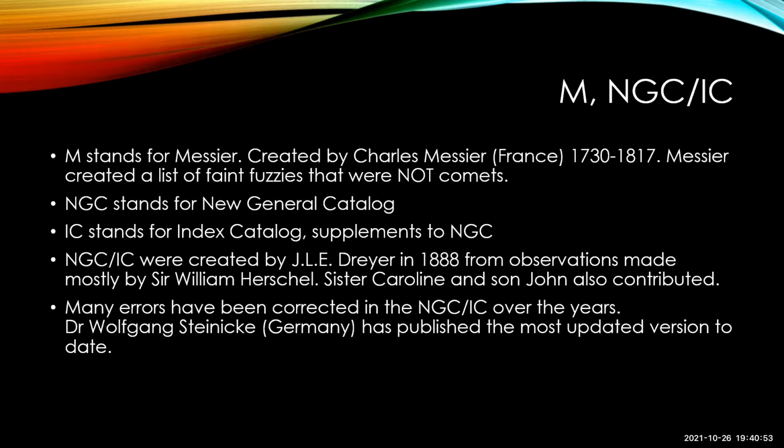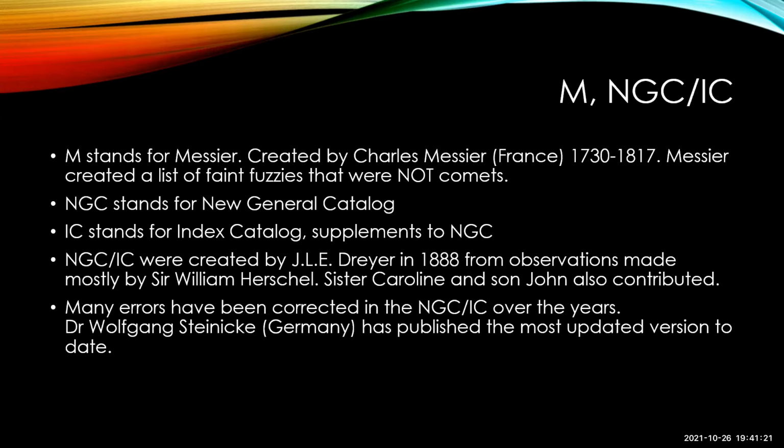Now, when they did these observations, they didn't give them an NGC number like you see now. They would describe the object as the thing I saw in sweep number something or another on this night. And historians have gone back and figured out what he meant and how that maps to our current NGC catalog.